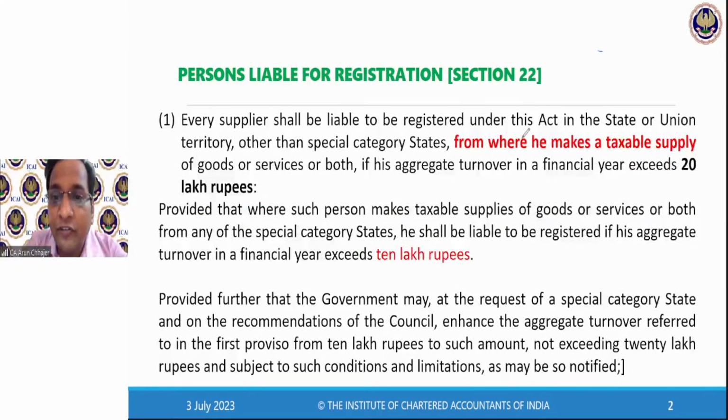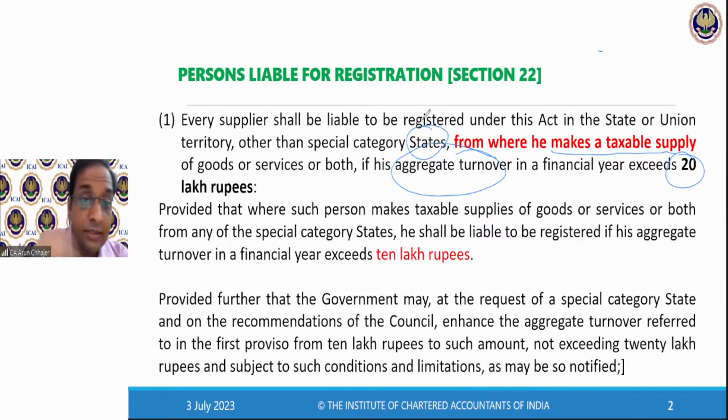First, your aggregate turnover should exceed 20 lakh. Then you need to take the registration in the state or UT from where you are making the taxable supplies. Why are they talking about other than special category state? Because for the special category state, the limit is 10 lakh rupees.